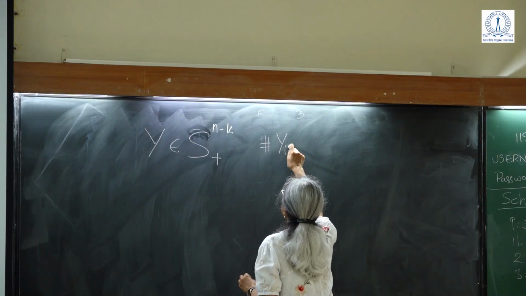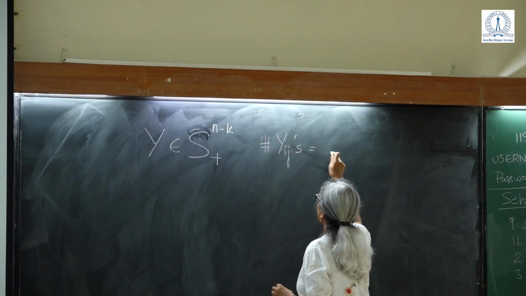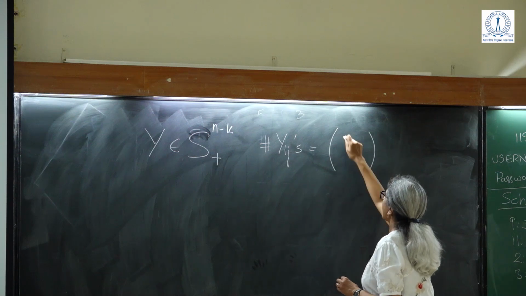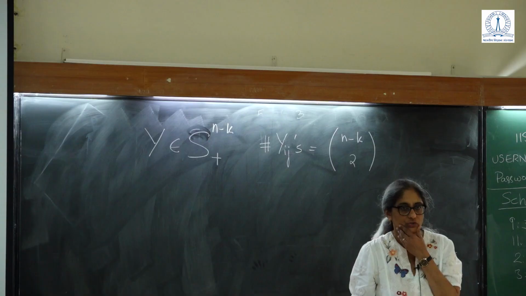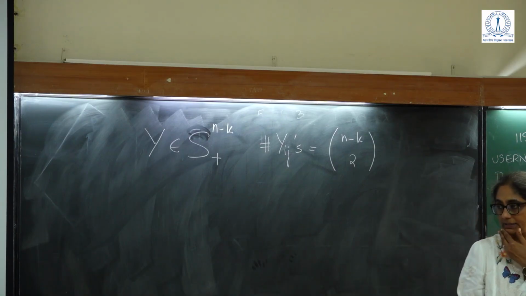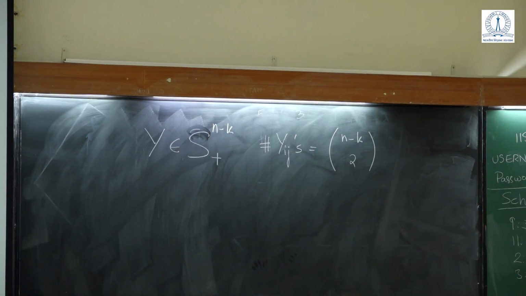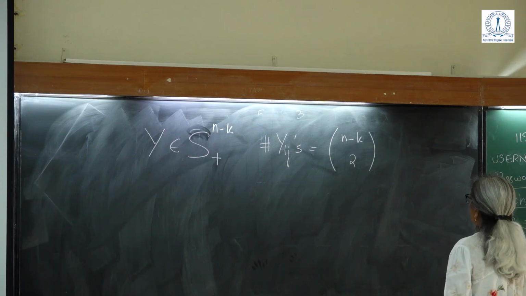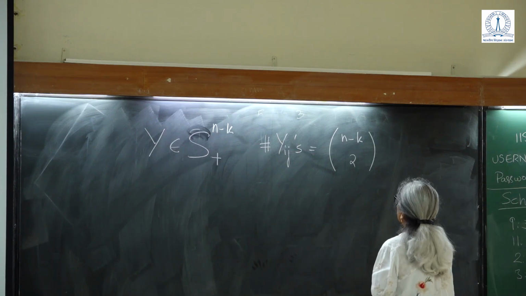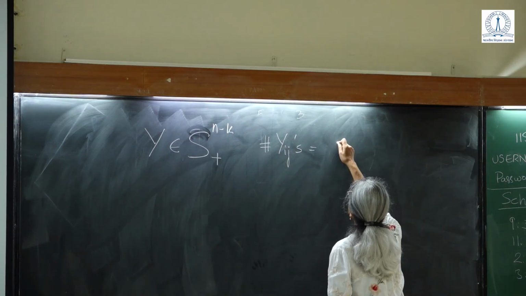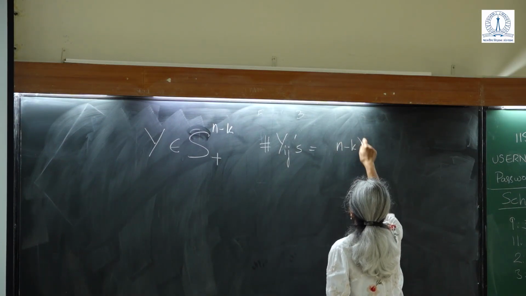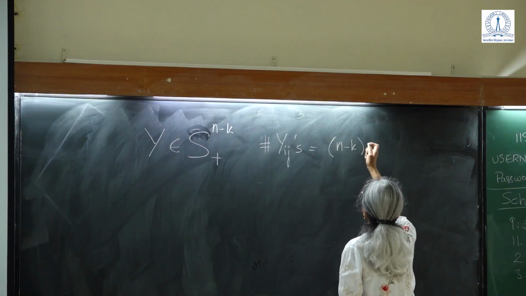So the number of Y_ij's is n minus k choose 2, right? It's a symmetric, what? Diagonal freedom and plus. Yeah, for 3 by 3 it's 6. So it's maybe n minus k plus 1 choose 2.